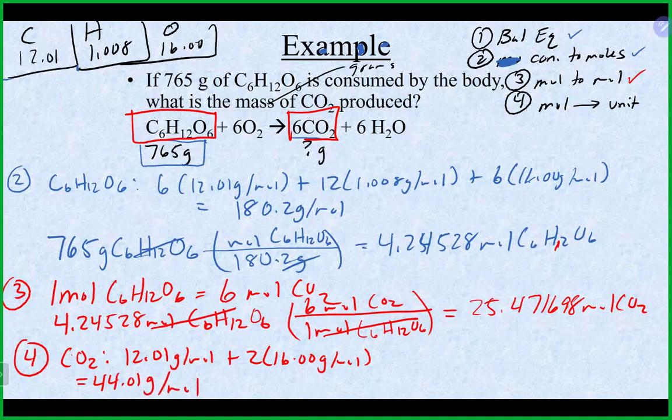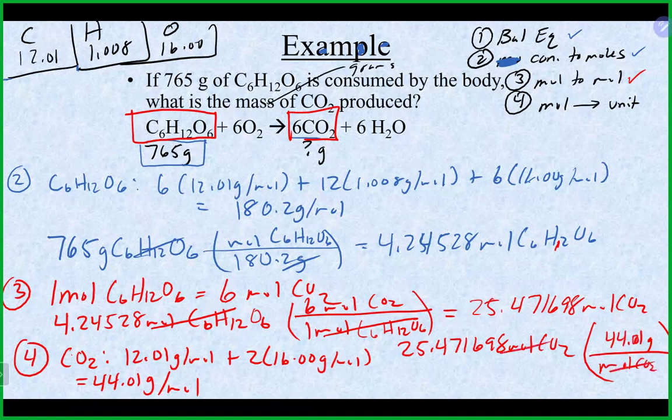Using that with our number from above, 25.471698, I really did not round on that, moles of CO2, we put our grams up on top so that we end up with grams. The moles of CO2 will cancel. That ends up with about 1,120 grams of CO2 produced in this case.